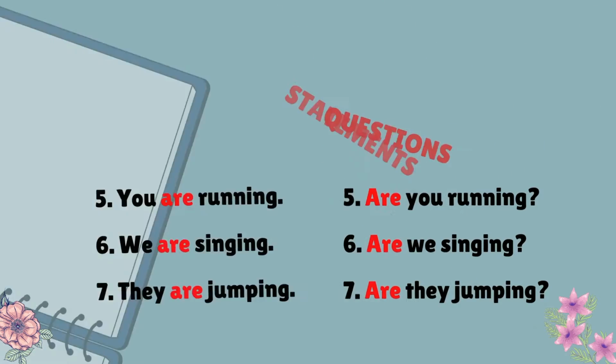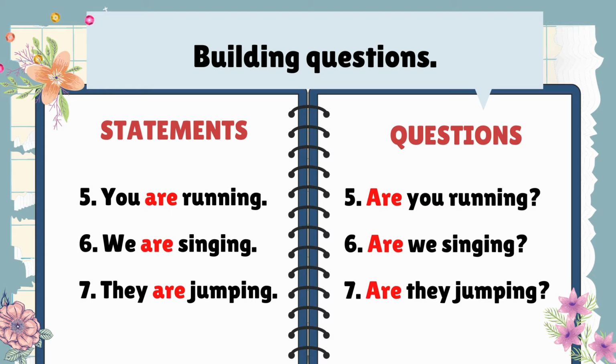To build the question, you just need to move the be verb from the middle to the front of the questions. So this is how you write the questions. The be verb must be at the beginning of the questions.